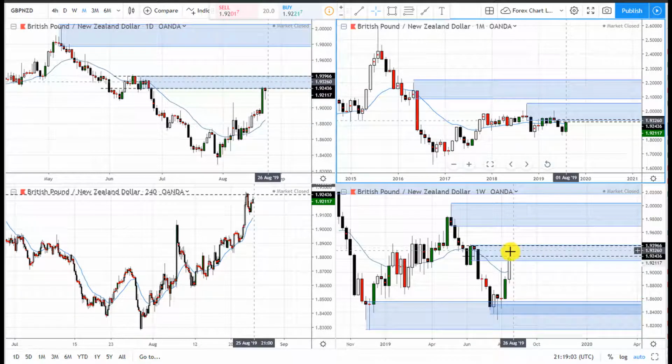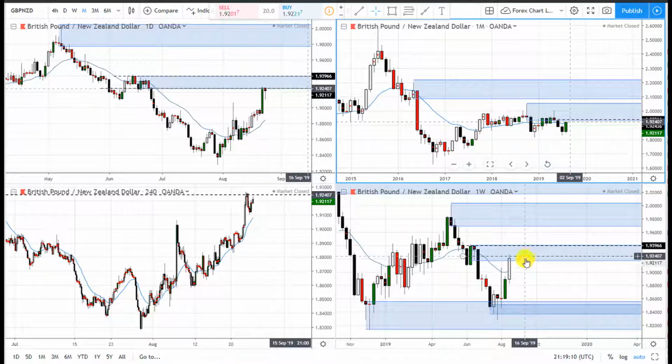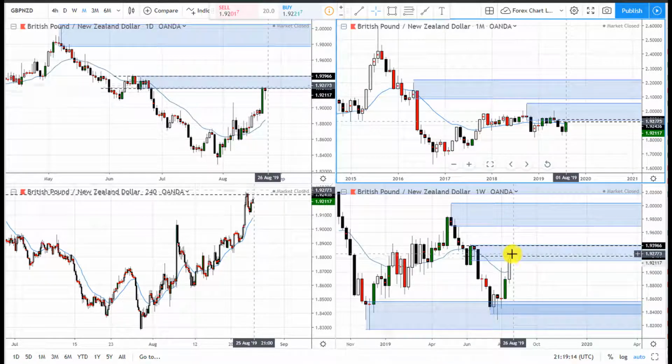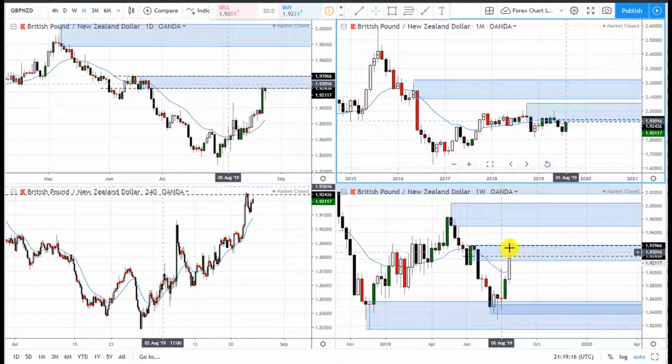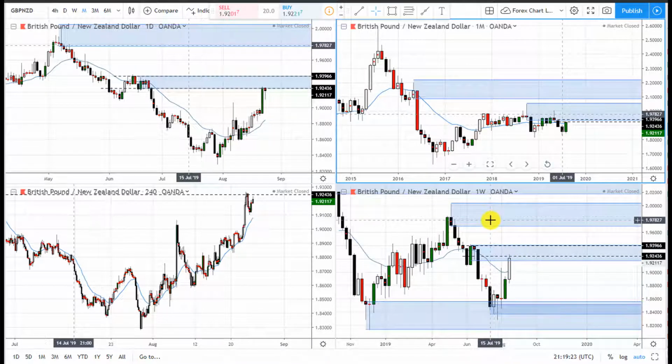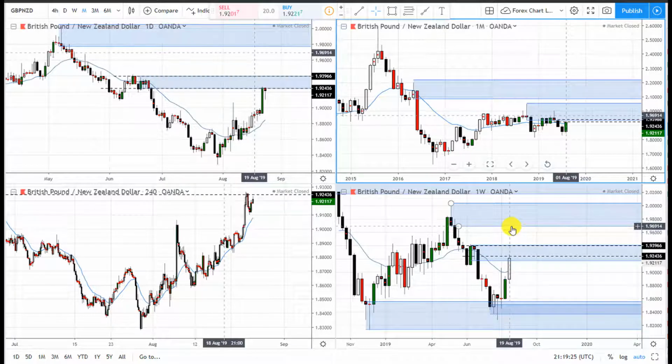But we don't want to buy right here because the supply zone is in control, and we also do not want to buy here because of this zone. Let's say if it breaks, there are many different scenarios that can happen, because if price breaks this zone, then this is the next obstacle that it must reach.